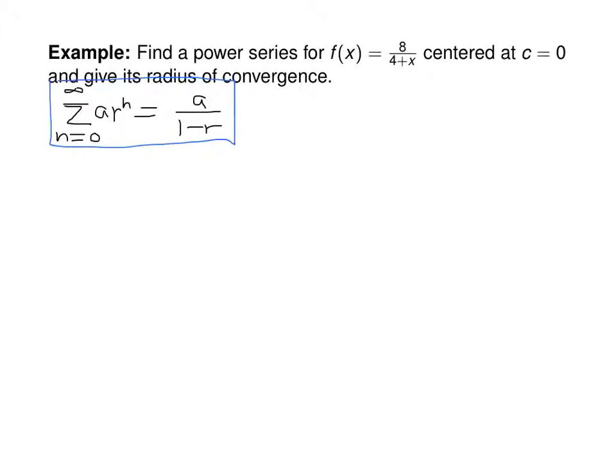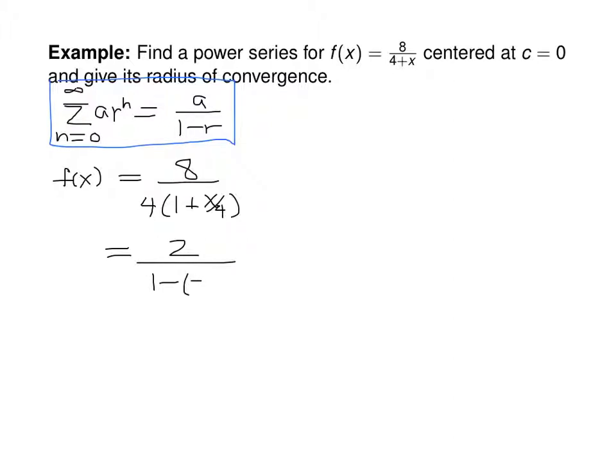So we have to make whatever we have look like a over 1 minus r. So f of x is the same thing as 8 over 4 times (1 plus x over 4), which is the same thing as 2 over 1 minus negative x over 4.